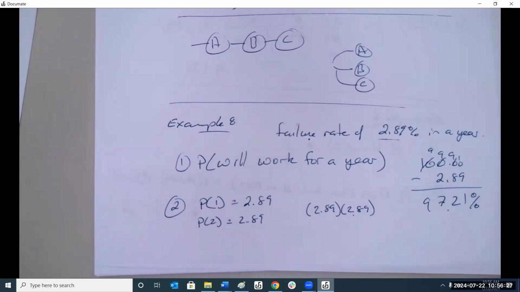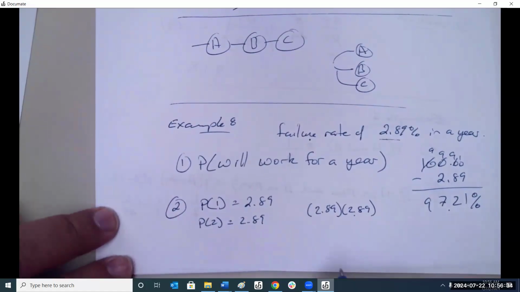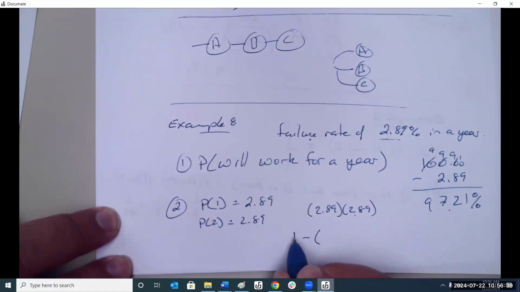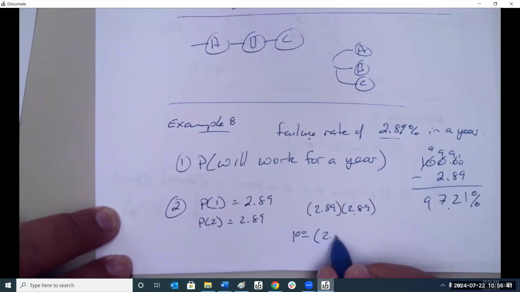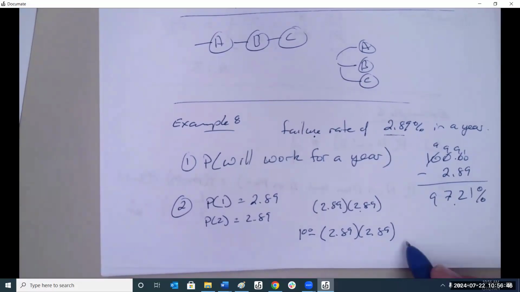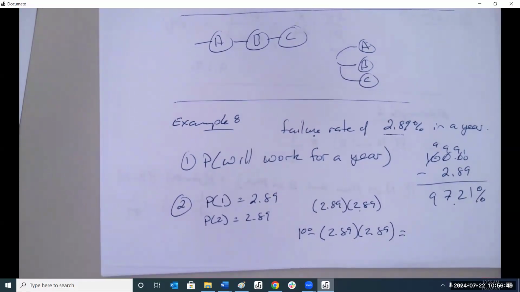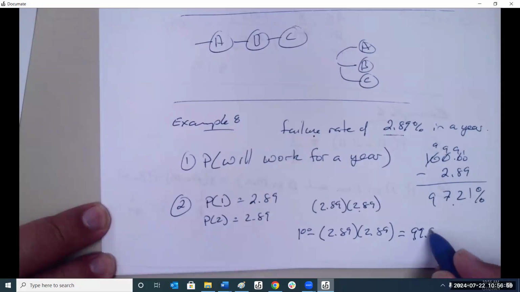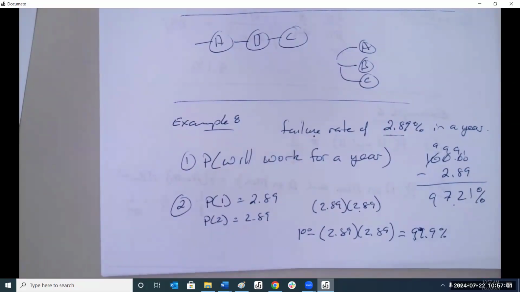Multiply those together, that's the probability of both of them failing. So we take that number, subtract it from 1, or 100, because these are percents. That'll give you the probability that at least one of them will work. So this is going to be pretty close to a 99.9% chance that it's going to still work.